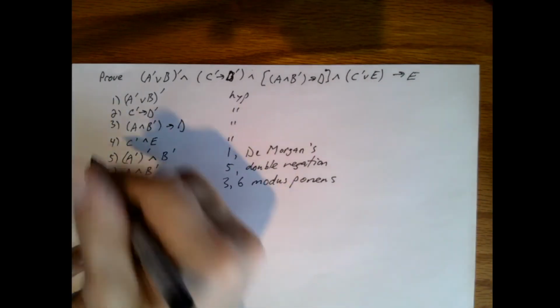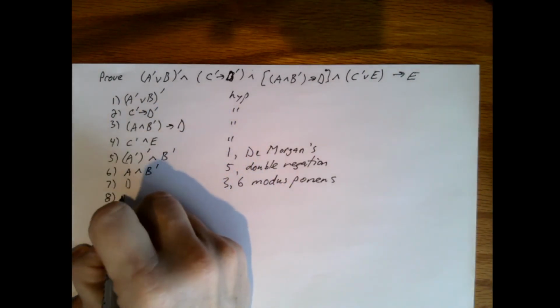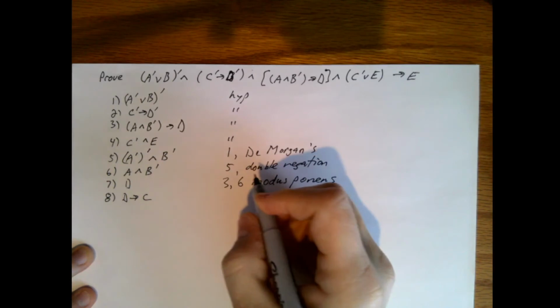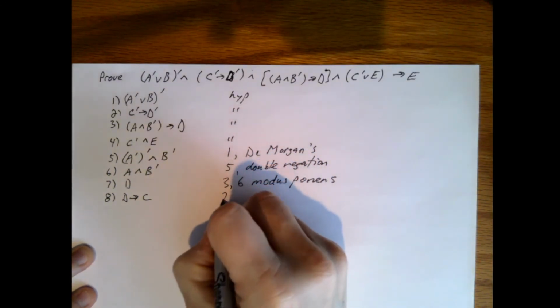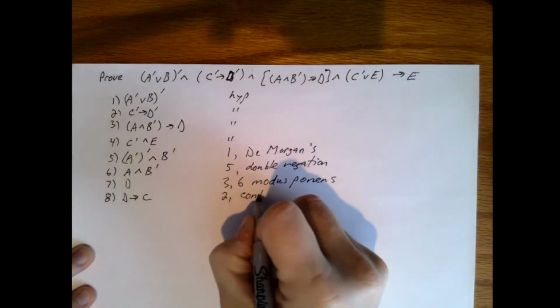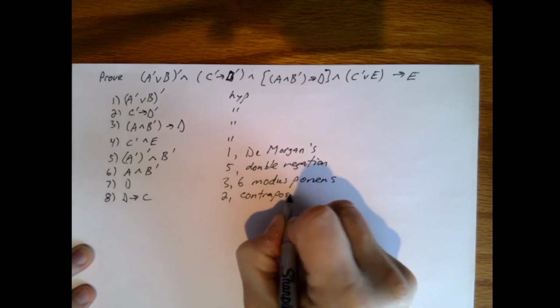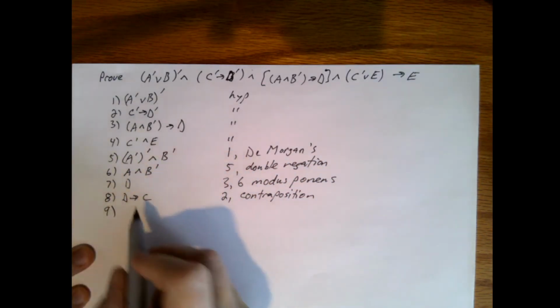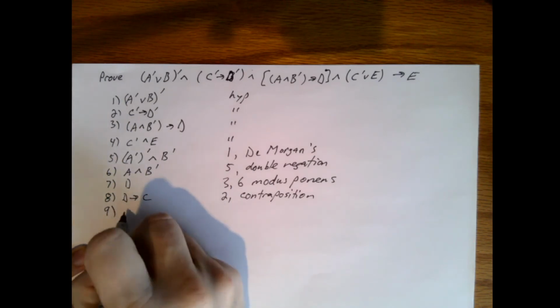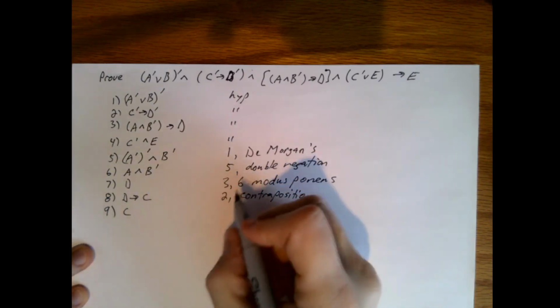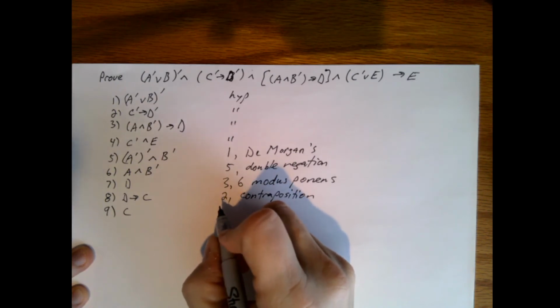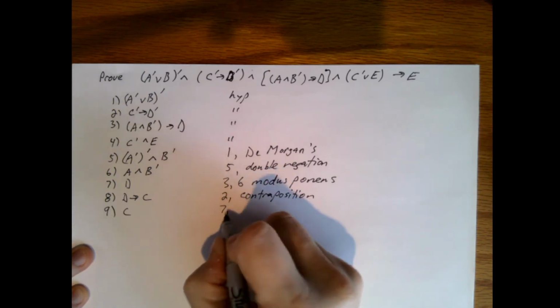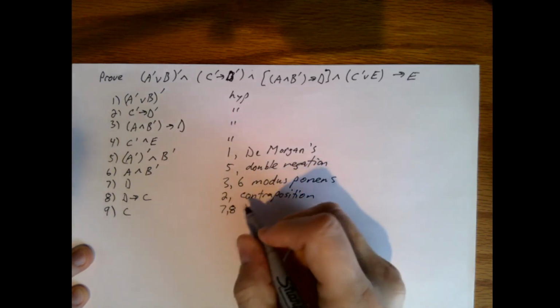So that means I can take number 2 here and rewrite it as D implies C. And this contraposition was the reason. And now it means that D and D implies C allows me to get C via modus ponens. So that's 7, 8.